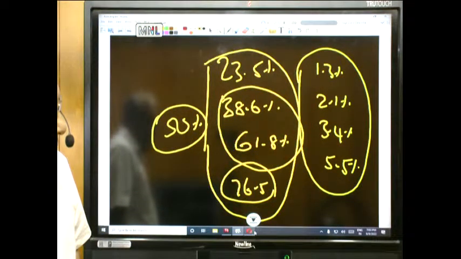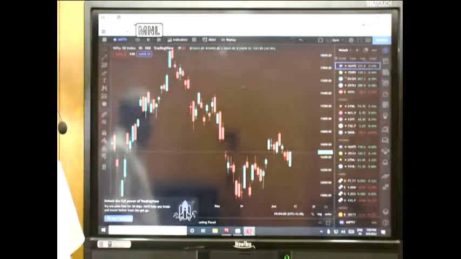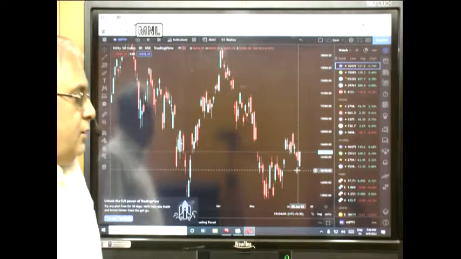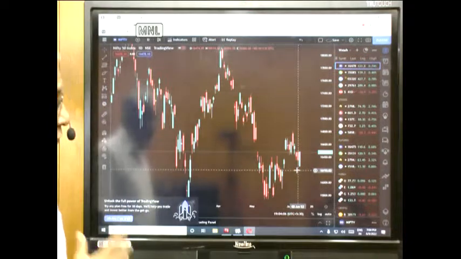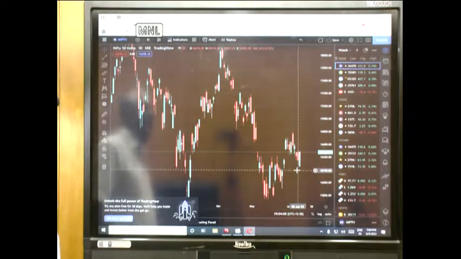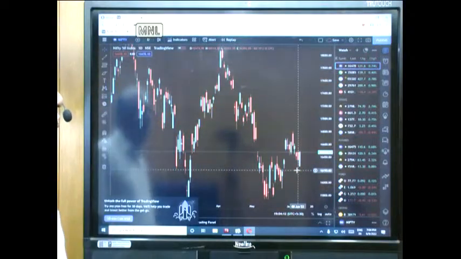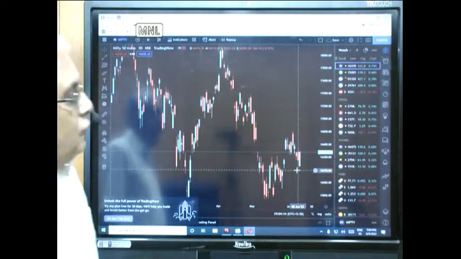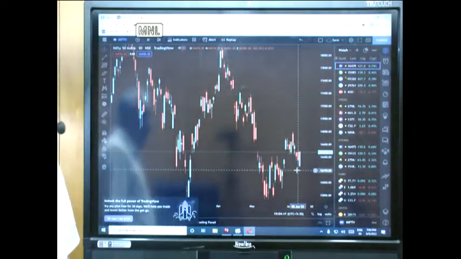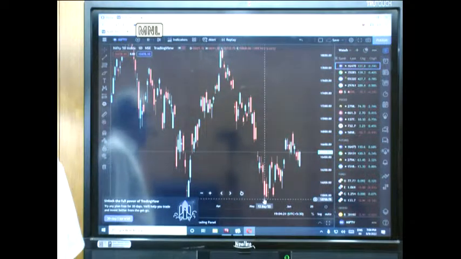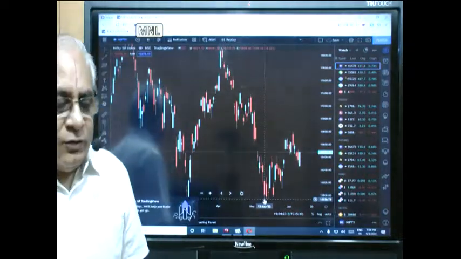So right now, this is the Nifty chart. Now we have seen a big fall; this is a daily chart. We have seen a big fall from 18,114 recently to something like 15,700 levels, right? 15,735.